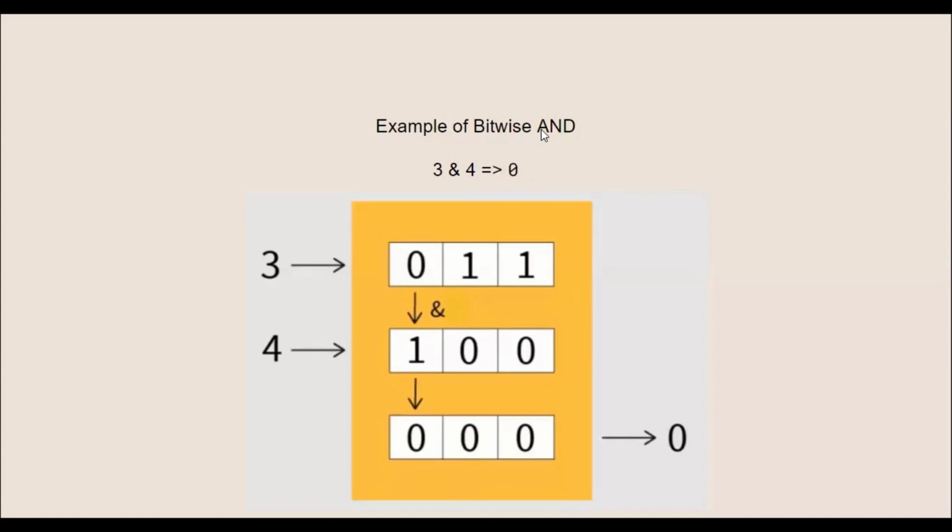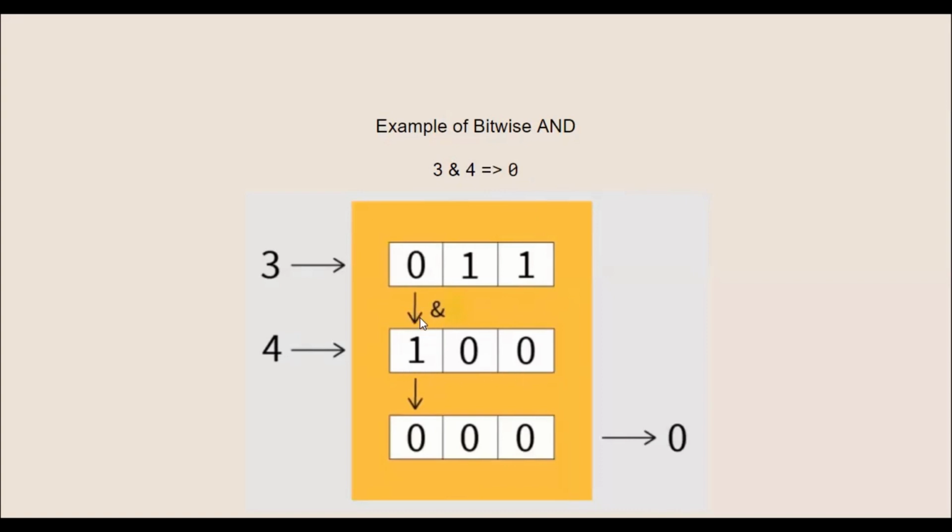Here is an example of the operation we performed earlier, 3 & 4 gives us 0. 3 is represented in binary as 0011 and 4 is represented as 100.